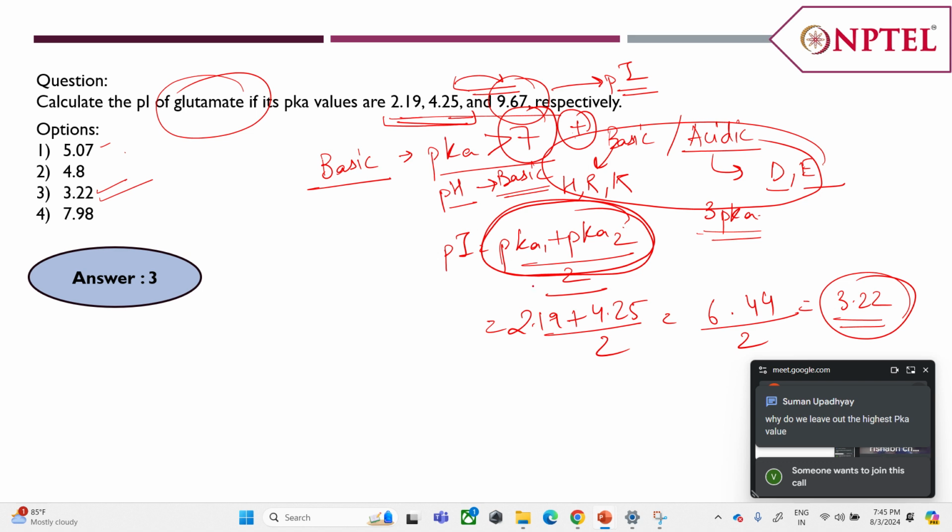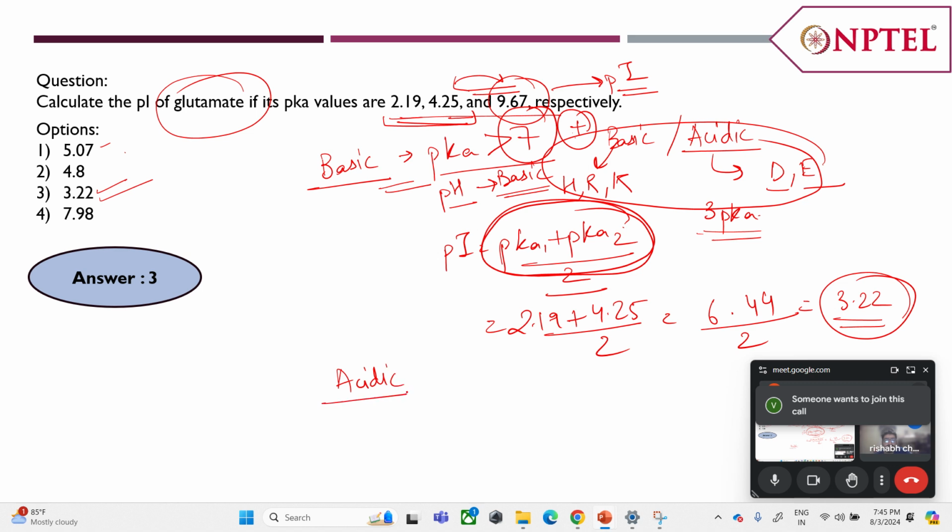I talked about the case for basic amino acids. Now in the case of acidic amino acids, the pK value of the side chain would be less than 7. It's acidic in terms of the release of H plus ions.